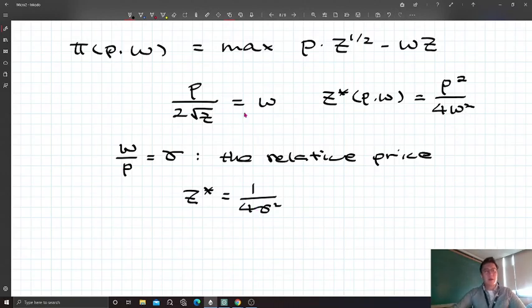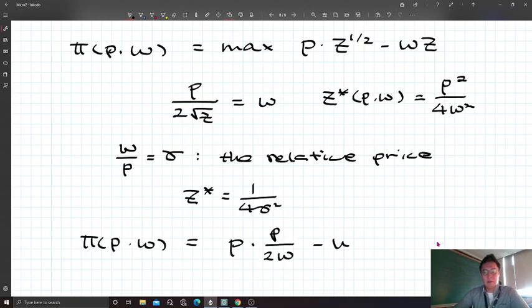All right, and then the profit function, pi of the price vector, is going to be p times, for the expression, it's better to use this expression. So plugging in that z star, then we have p over 2 w, minus w z star, p squared over 4w squared.